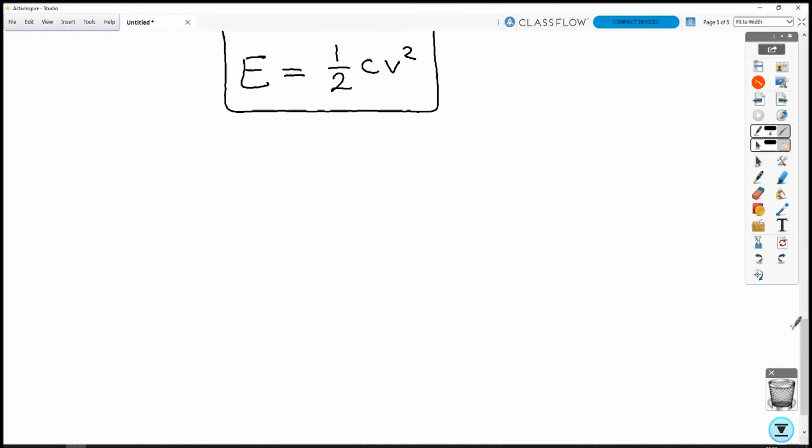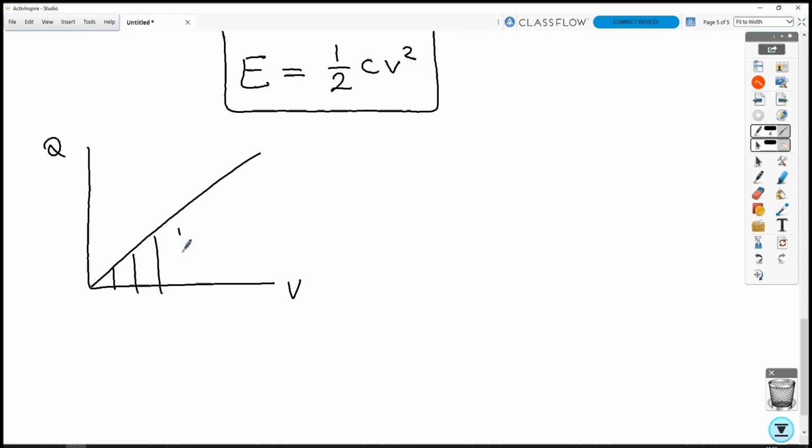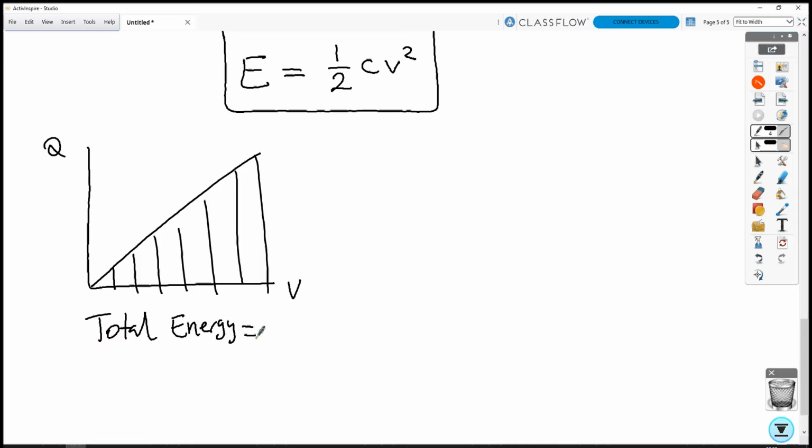So what we've done here is we've taken our graph, Q, V, divided it up into very, very small strips, and added up the area of all these strips. So the total energy is equal to the sum of all areas of strips.